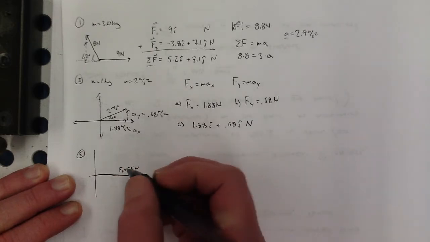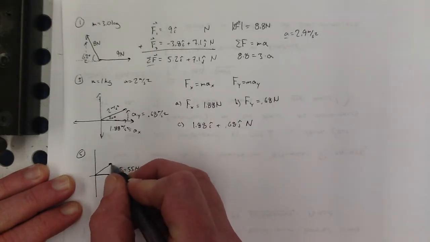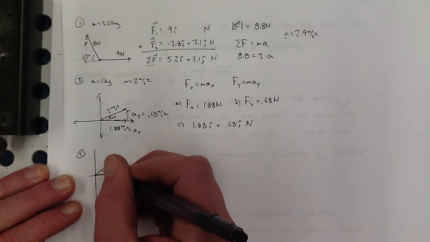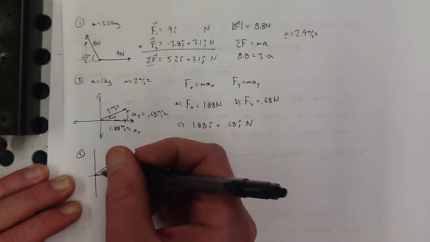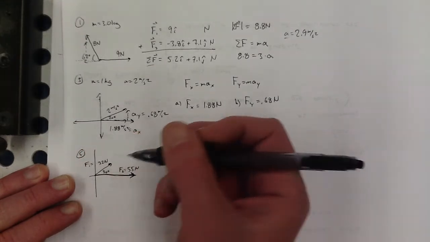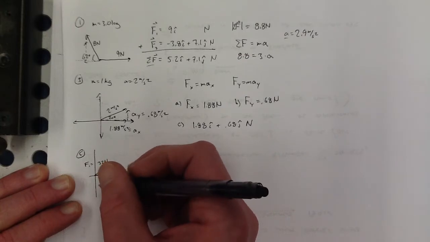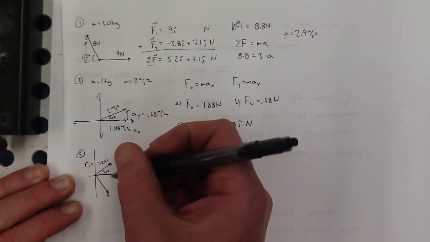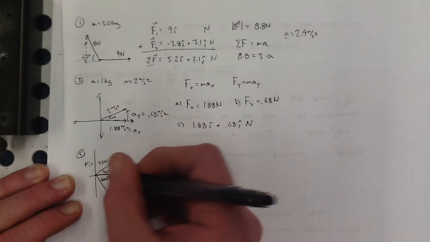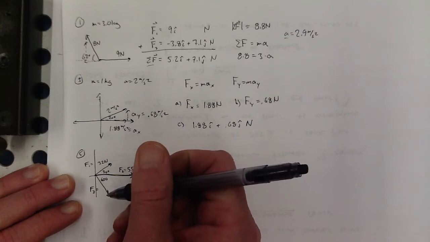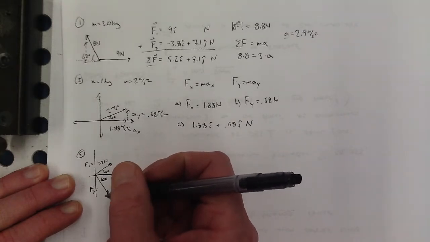And then F1 at 30 degrees is 32 newtons. And then down here, F3 is 41.